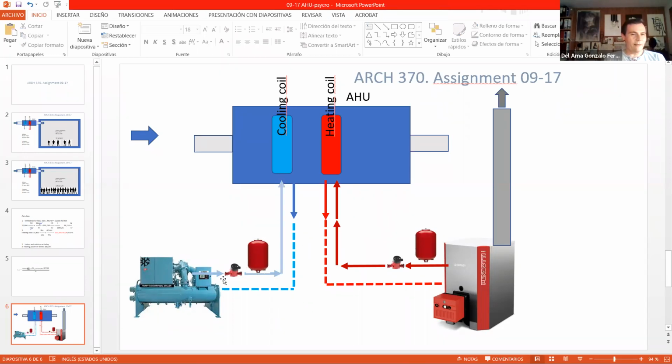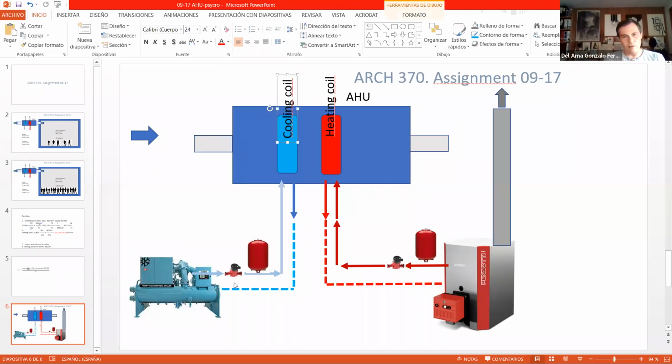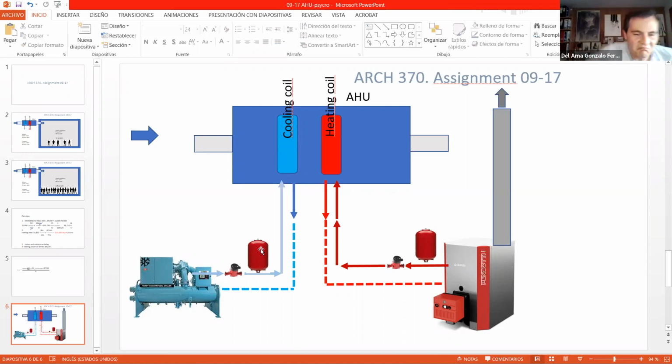Someone might say that in the cooling circuit, we don't need an expansion tank. Maybe they're right. Anyway, you can talk to the mechanical engineer, and if he doesn't think that you should use an expansion tank, we can always remove it, okay? But I would place the expansion tank here.